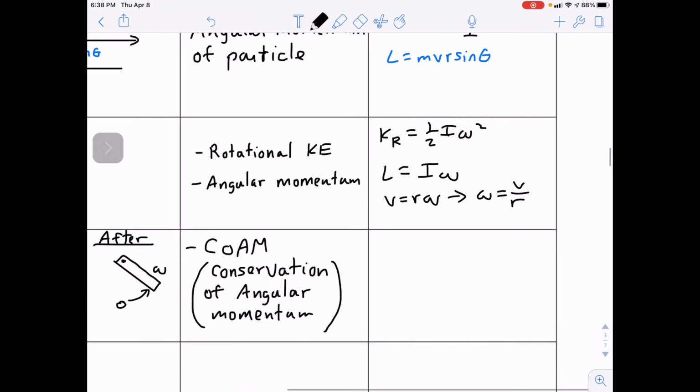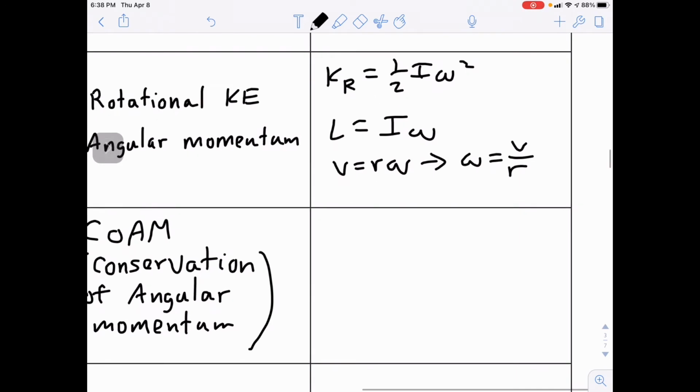It works in all collisions, under the idea that no net torque is acting on the system to cause some sort of change in the rotation. So since there's no net torque acting on the system, angular momentum is conserved, which means the angular momentum before equals the angular momentum after.